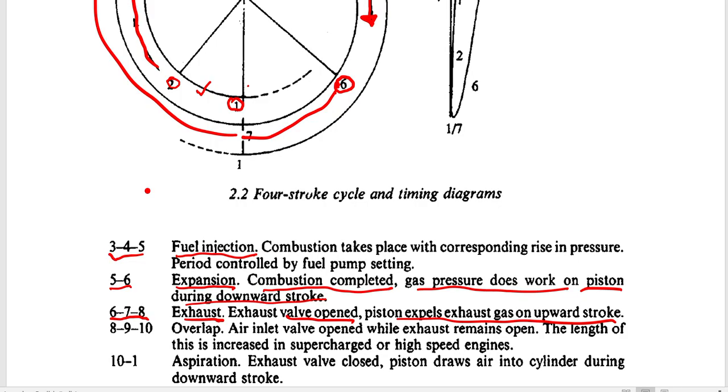Now what is there, 8, 9, 10? This is your overlap. Overlap means the air inlet valve is opened while the exhaust also remains open.